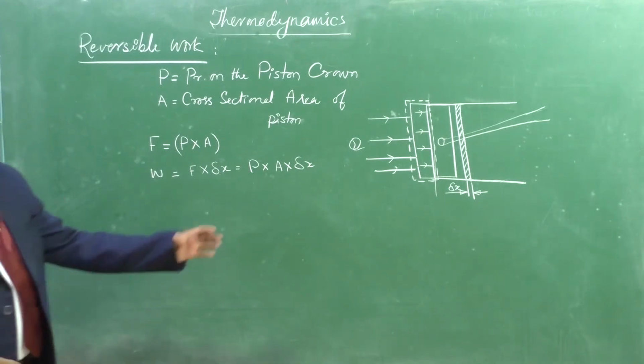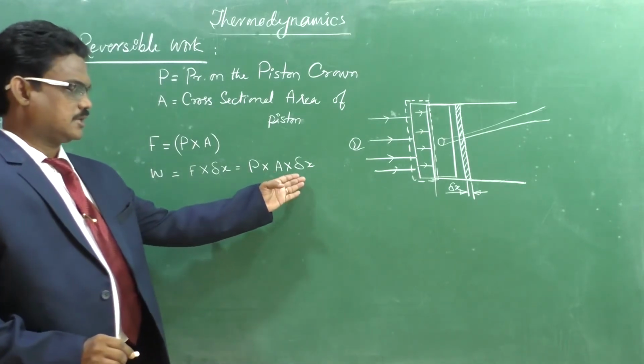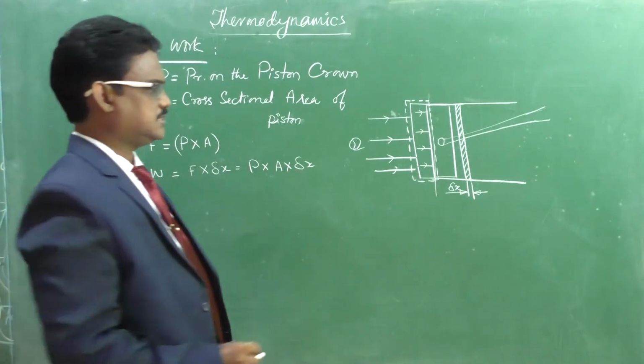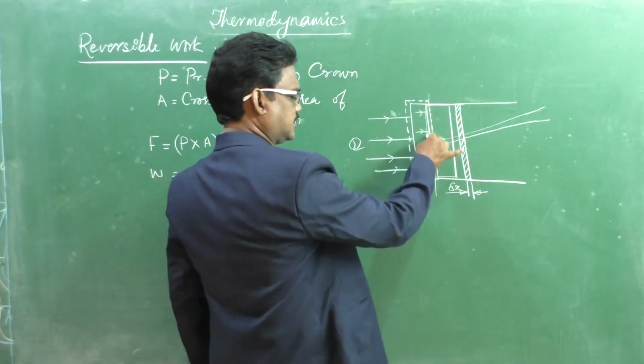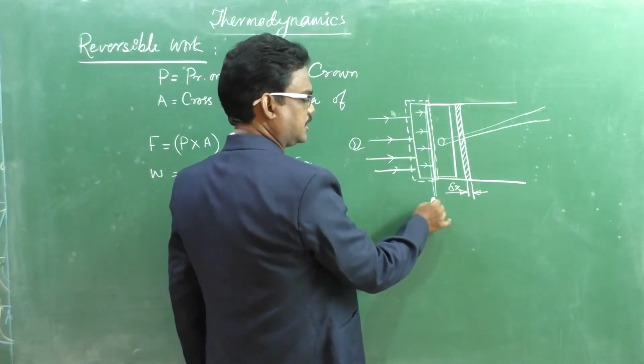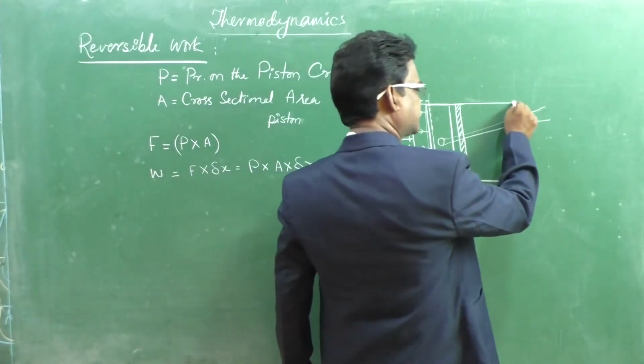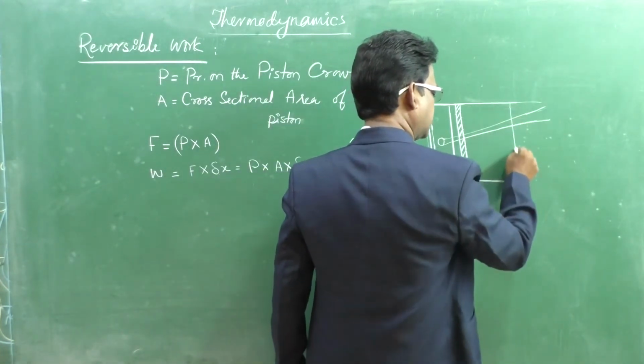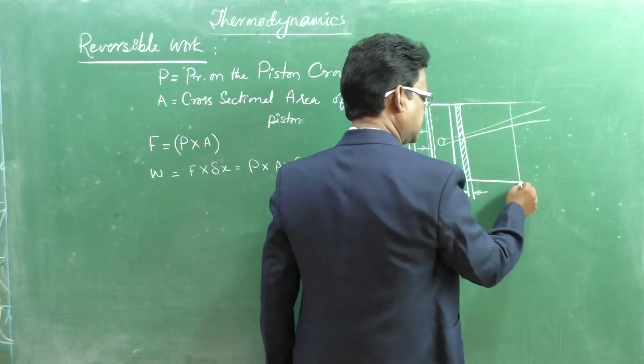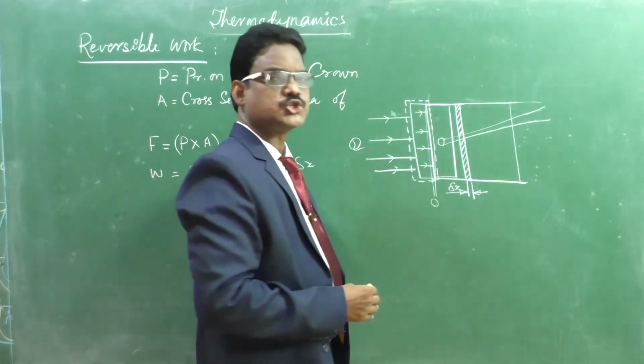The limits of delta x: initially it is at position 0, and after the movement the extreme end condition is equal to the stroke length.